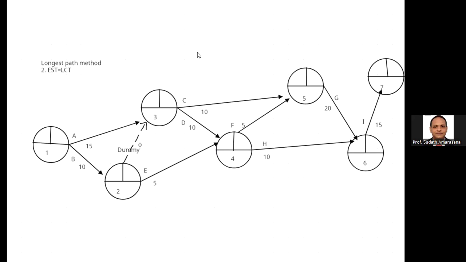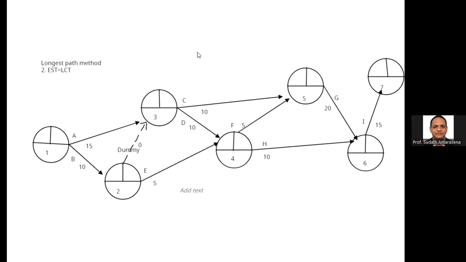When you're going to apply the longest path method, you need to identify all the alternative paths from event number 1 to event number 7, the last event.